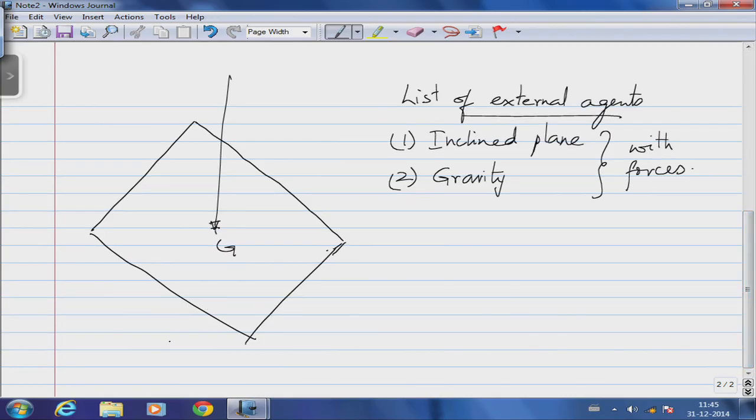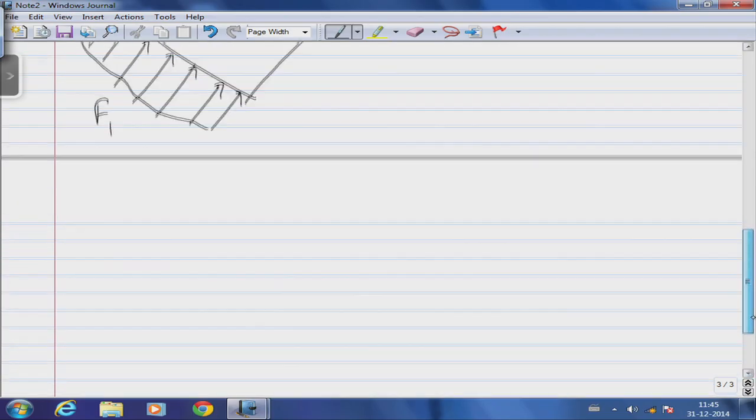And what does the inclined plane do? If I take the body out, what the inclined plane was doing to this body is essentially exerting a force underneath here. I do not know how it was exerting a force, but there was a force being exerted by the inclined plane on this body. So, this is what I will call F1. F1 as I have drawn it is a distribution of forces.